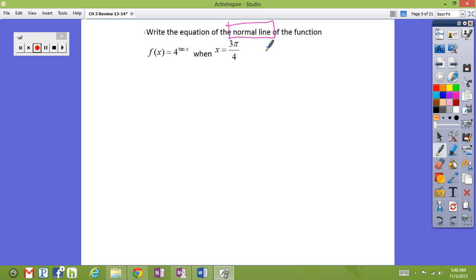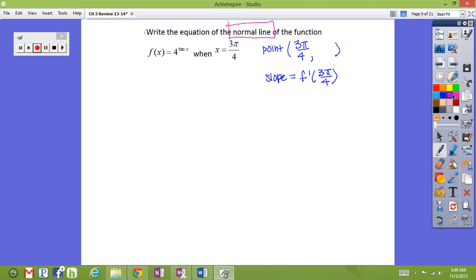So, starting off, equation of the normal line, I'm going to do the point, which I have 3 pi over 4. And I don't know the y value yet. I need the slope. The slope we get by finding f prime of 3 pi over 4. Those are the pieces of information I need to find.